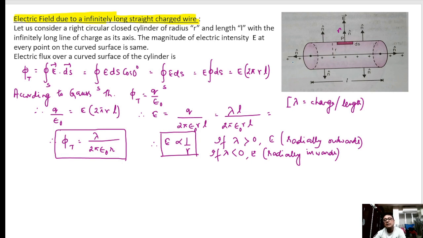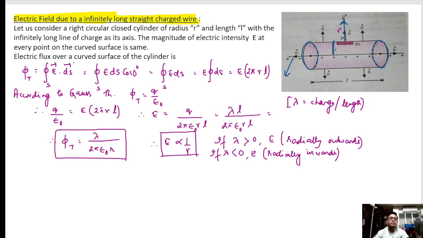This is the charged wire having positive charge. Suppose we take a length L of the wire, and at a distance of r we imagine a cylinder around the wire. So what is the direction of the electric field? It will be positive, so out of the surface.